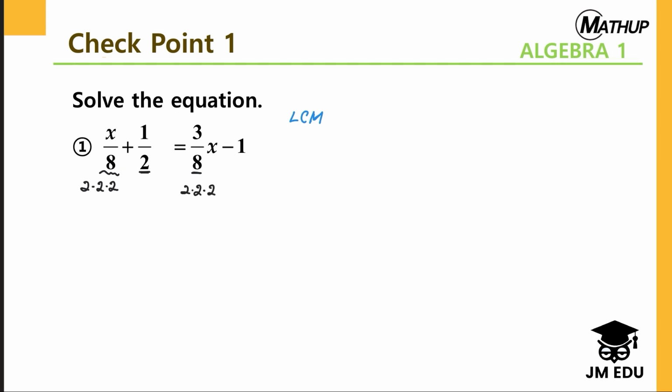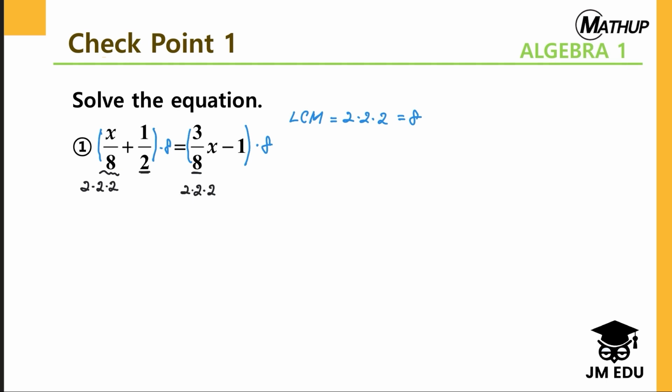So the least common multiple is, we must have at least 3 2's, which is equal to 8, right? So I'm going to multiply all of this expression by 8 and all of this expression by 8.